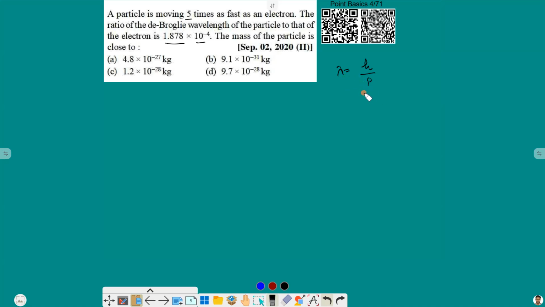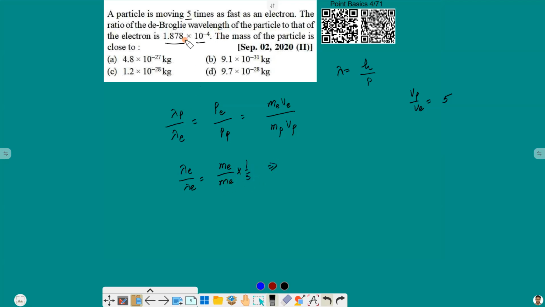And from this we can write that lambda of the particle divided by lambda of electron will be equal to momentum of the electron divided by the momentum of the particle. Now the momentum of the electron will be mass of electron times velocity of electron, and the momentum of the particle will be mass of particle into velocity of the particle. Now the particle is moving 5 times as fast, meaning Vp by Ve is equal to 5. So lambda p by lambda e is equal to me by mp into 1 by 5.